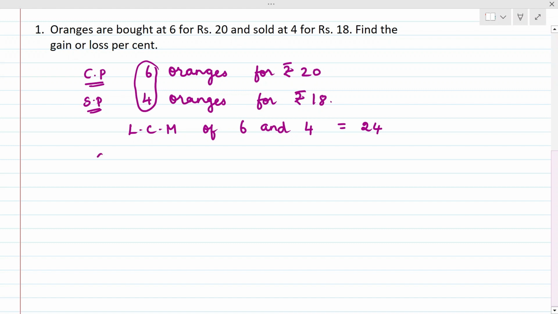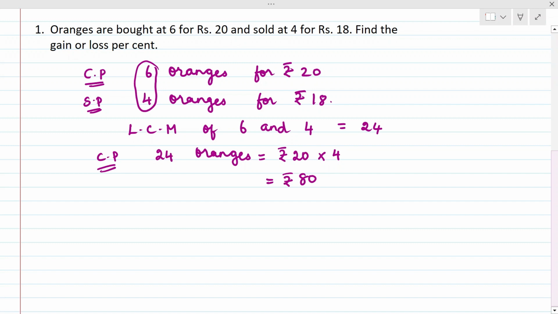So now again cost price. What cost price now? 24 oranges cost price. So 24 oranges are bought for how much? Already 6 oranges are bought for 20 rupees, and 6 into 4 is 24. So here also 20 into 4. So CP is rupees 80.